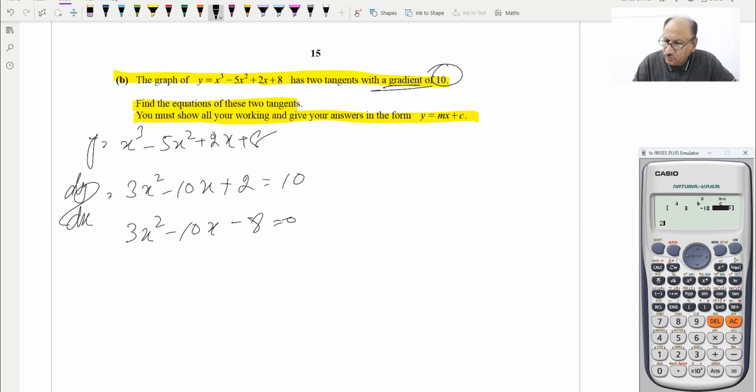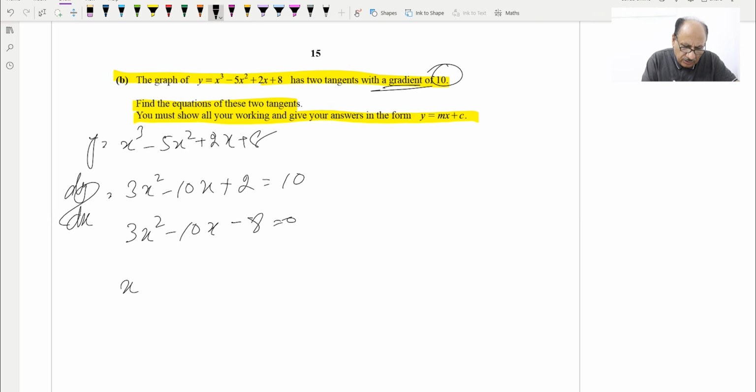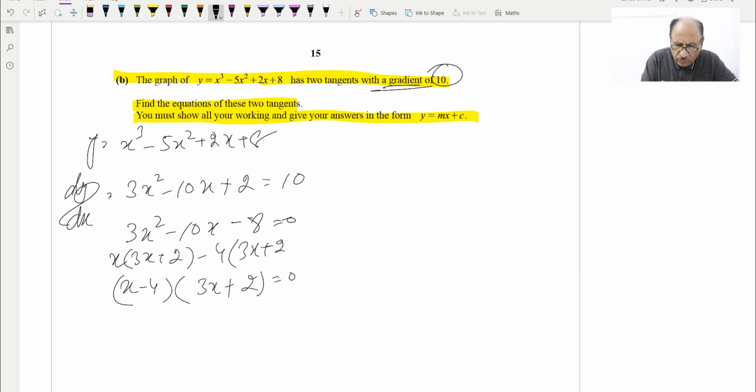Now the constant value here we will write as minus 8, and this is equal to 4 and minus 2 by 3. So we can write x minus 4 and x plus 2 over 3, so we can write 3x plus 2 is equal to 0.